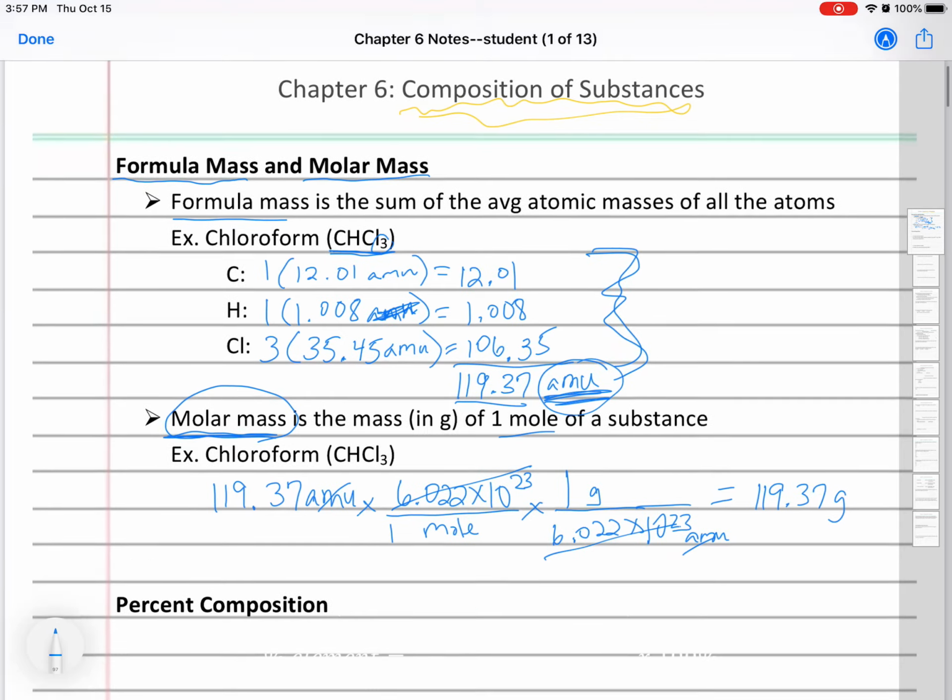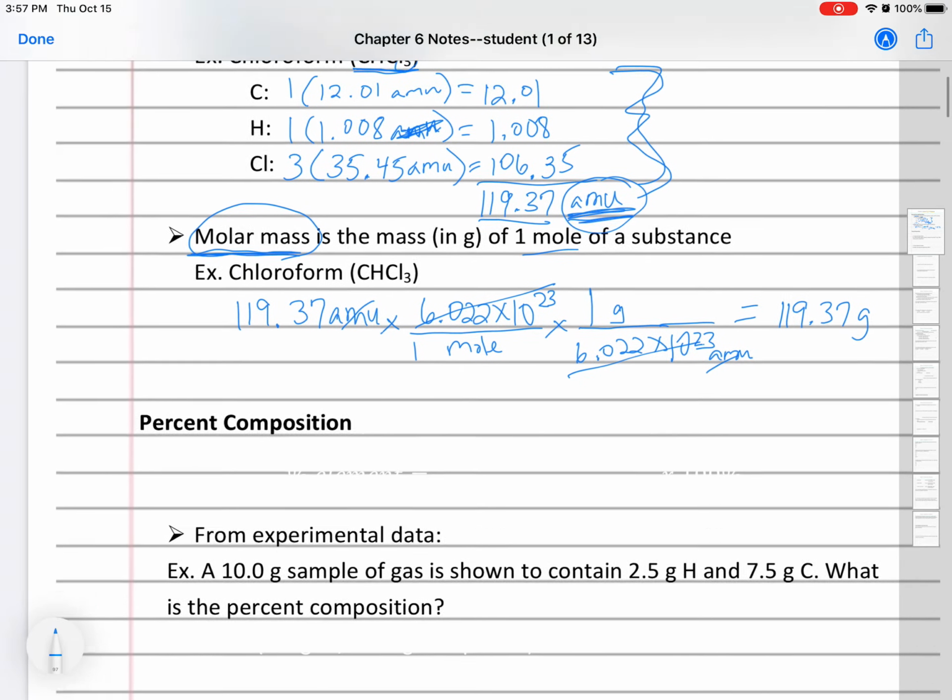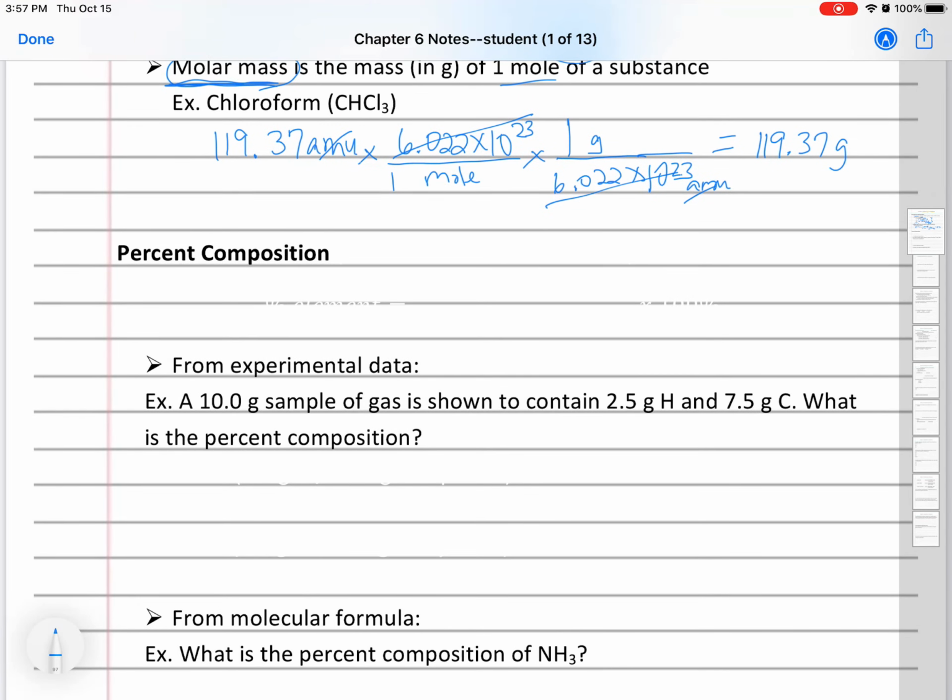Okay, so the next little piece of math that we're doing is learning how to calculate percent composition. So we might write this as percent composition, or sometimes it's called percent mass or percent by mass. All right. And so the formula for this, I'm just going to use a different color.